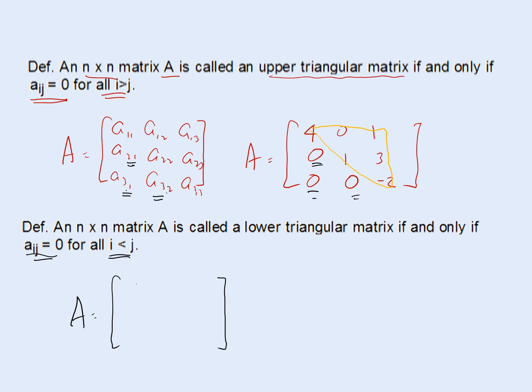So say for example 4 0 0, 1 2 0, negative 1 negative 1 and 1. So the elements along the main diagonal and down below are not all 0. All the rest are zeros.